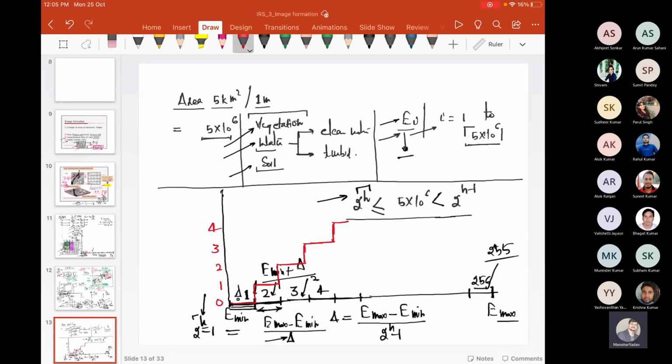We call this analog to digital conversion. I hope you have understood why we require analog to digital conversion. If there is a question like what is the reason why we need to add an A to D converter at the sensor end, hopefully you can explain in this way.